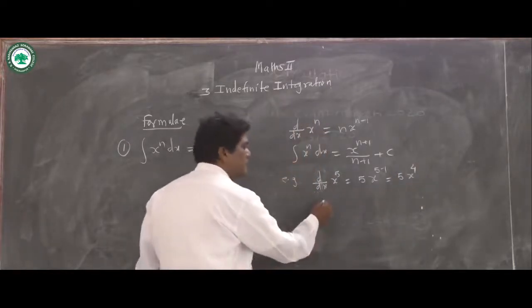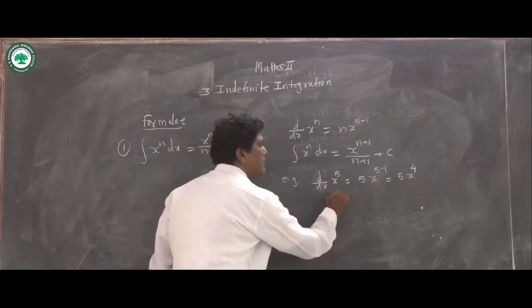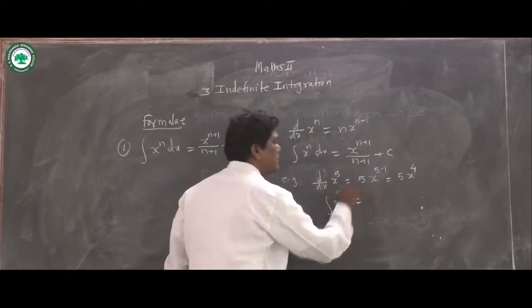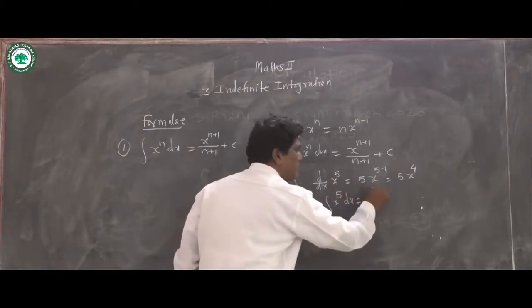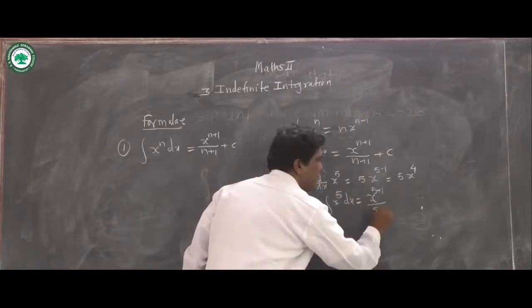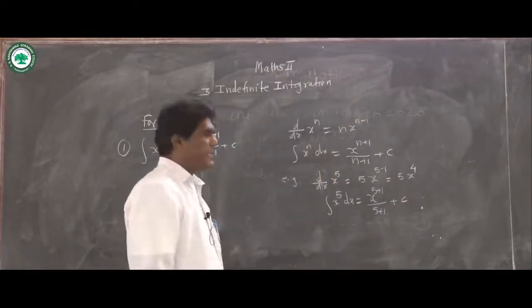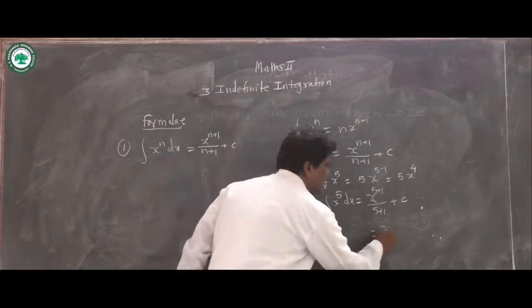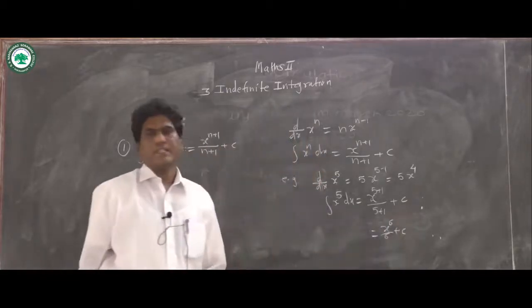But integration of x to the power 5 dx is equal to x to the power, increase the power by 1, that is 5 plus 1, and divide by the same number 5 plus 1, and write here plus c always. So it is equal to x to the power 6 upon 6 plus constant of integration.